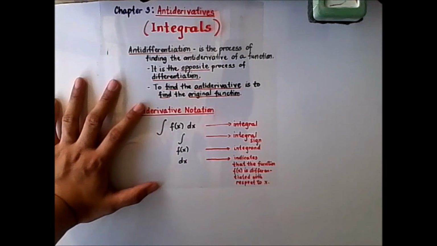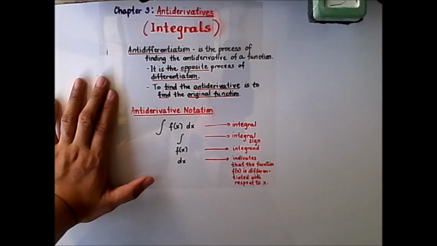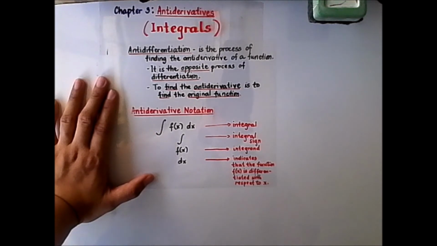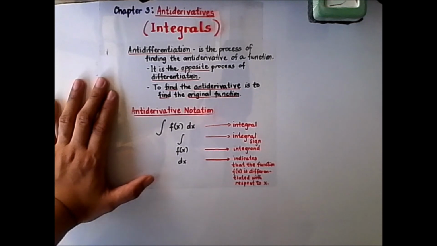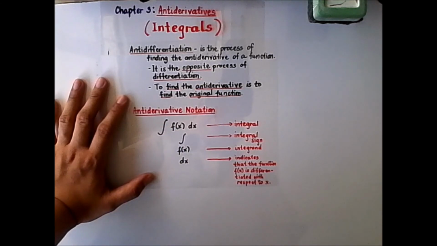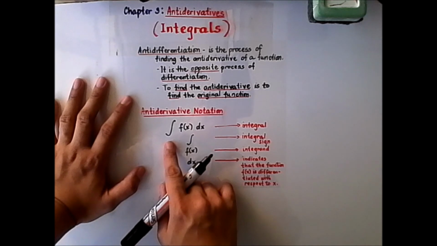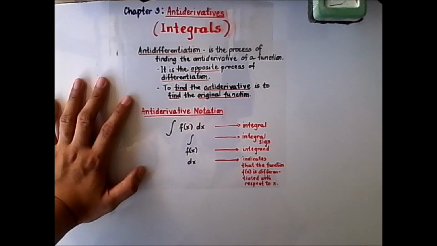Yan ang ibig sabihin ng dx. So these are the parts that you must be familiar with in writing the antiderivative notation. So ang basa dito, the integral of f of x dx.